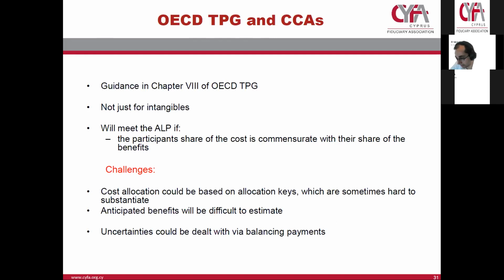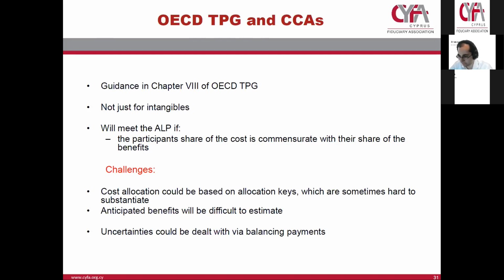And the guidance provides that the participants' share of the cost should be commensurate with their expected benefits from the CCA. So there shouldn't be an entity that pays for a large share of the costs, but doesn't really expect a large share of the benefits. That would not be in line with the guidance.